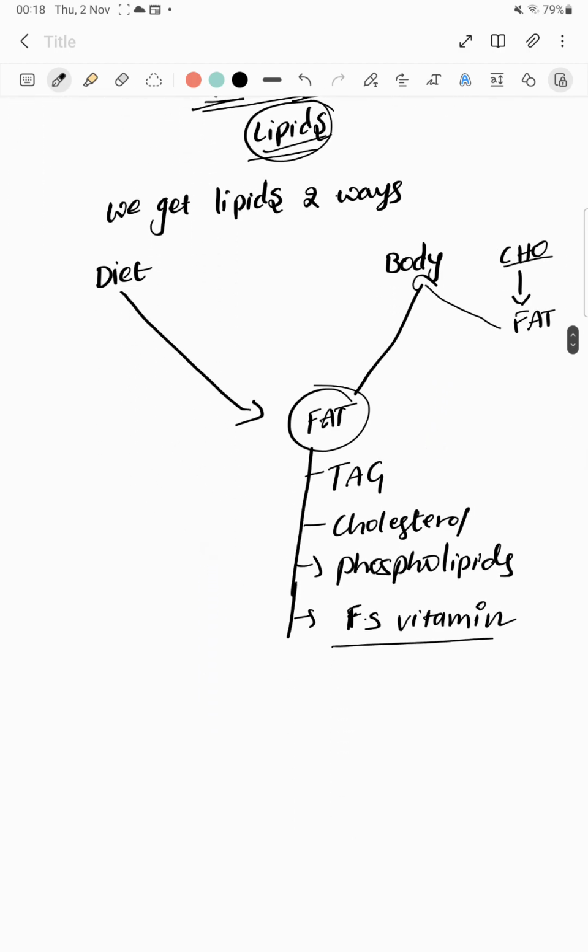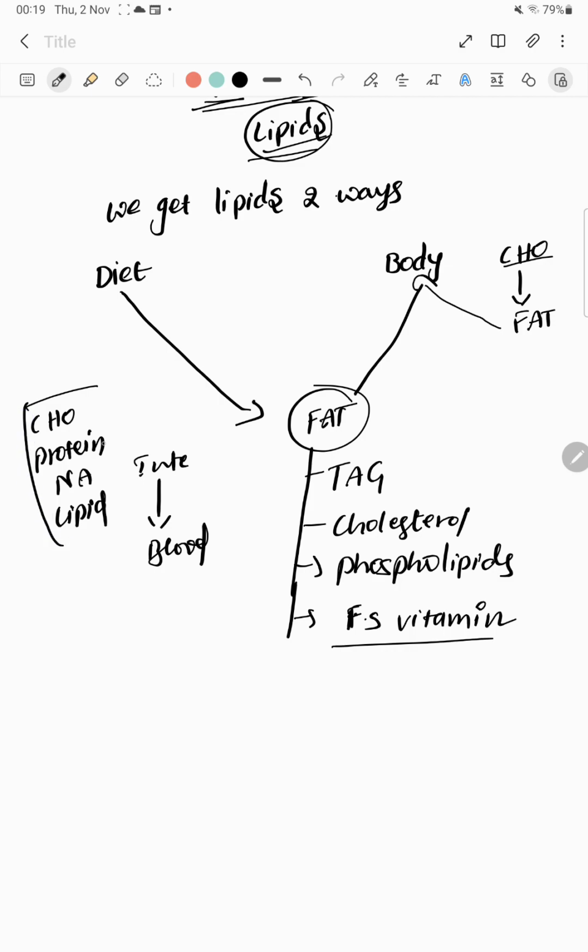Whatever we take in the diet, whether carbohydrate, protein, nucleic acid or lipid, has to get absorbed from the intestine and enter into the blood. In the blood, all the food components will be transported to the respective organs.